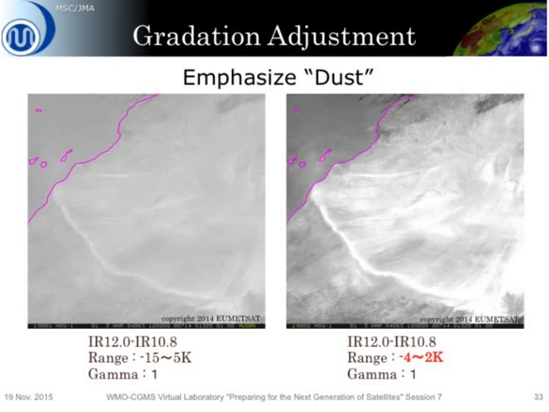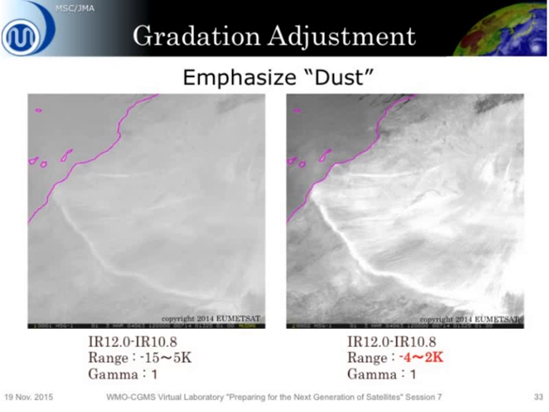Here is another example of adjusting gradation range. This is an imagery of the difference between two infrared bands, often called brightness temperature difference.